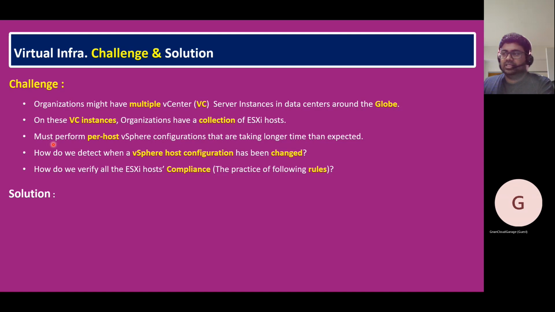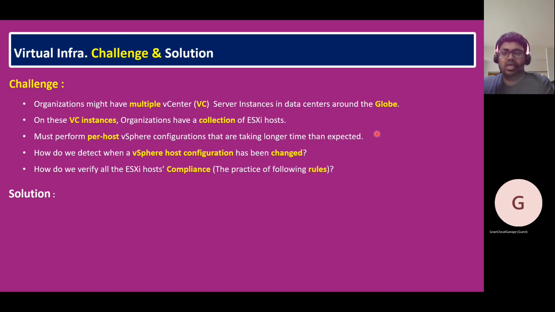So during that scenario, that point only I'm highlighting here. The customer's challenge is that they must perform per host vSphere configuration that is taking longer time than expected. Roughly, let's say all the ESX host networking, storage, and also the additional service configurations like NTP, network time protocol, SNMP, simple network management protocol, SSH configuration. These are all roughly for a single ESX host.